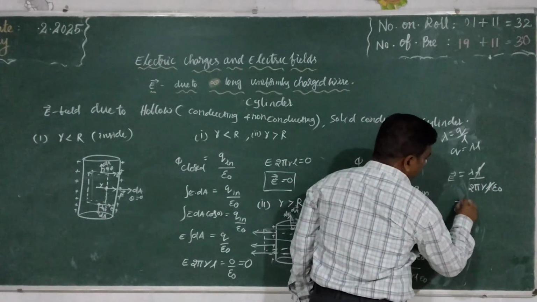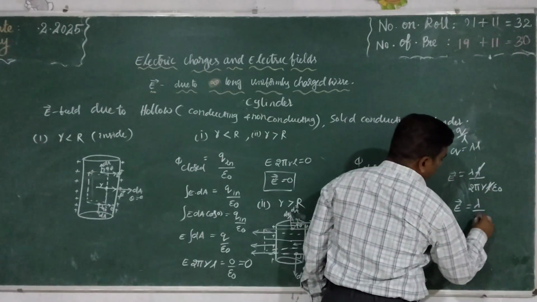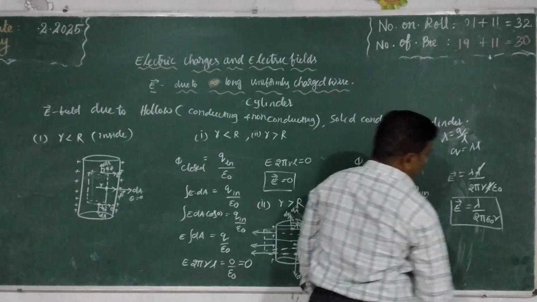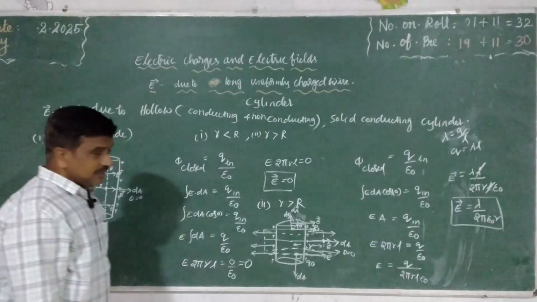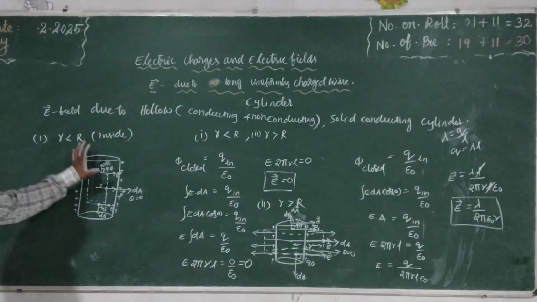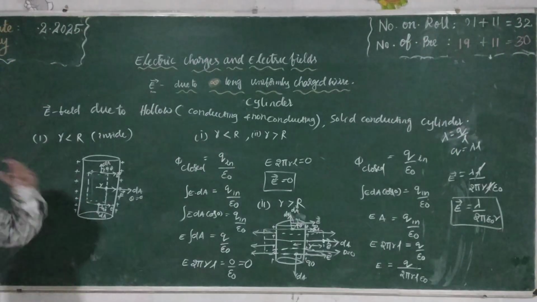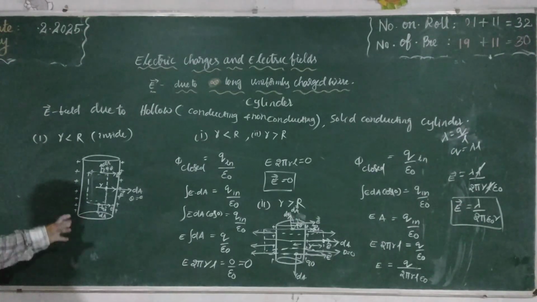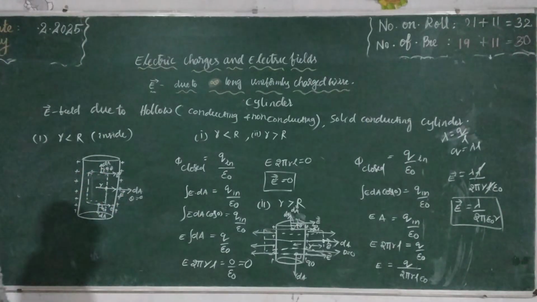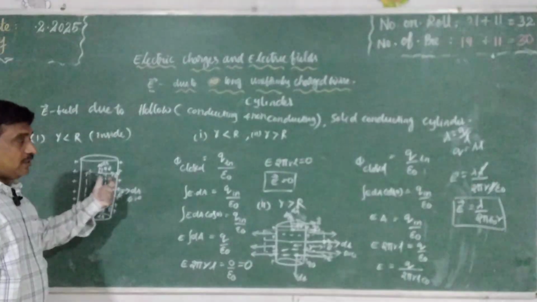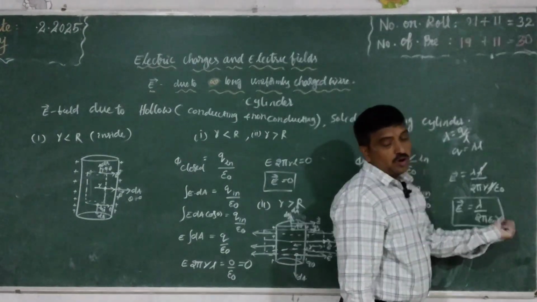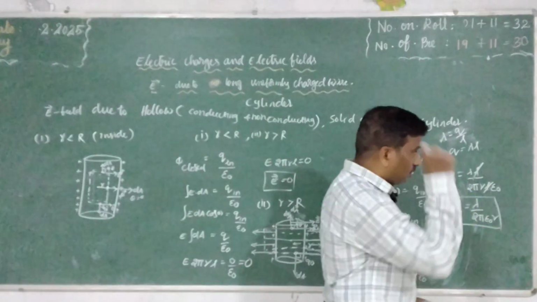What we can write now here: electric field equals lambda by 2 pi epsilon naught r. This is the electric field due to a hollow conducting, non-conducting, or solid conducting cylinder. Inside the cylinder the electric field is zero; outside the cylinder, at distance r, it is lambda by 2 pi epsilon naught r.